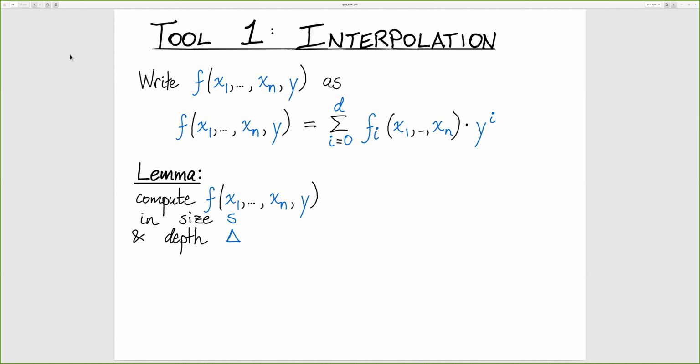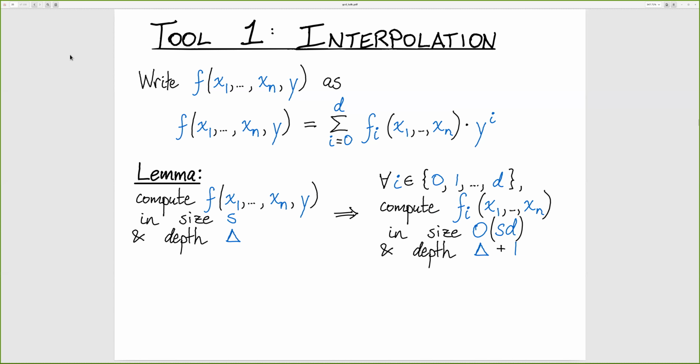So if you can compute this whole thing, this f, in size s and depth delta, so here you should think s is something polynomial and depth delta is maybe a constant, maybe 10, 20, 30, your favorite number, then you can compute each of these coefficients, each of these fi's, in size order s times d.